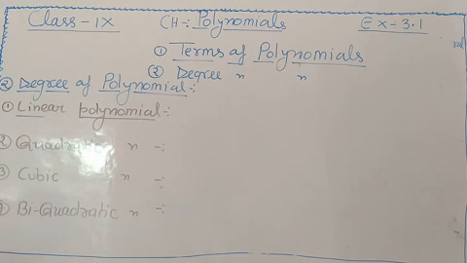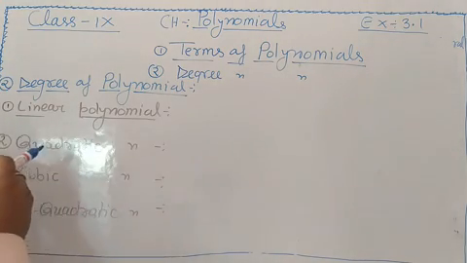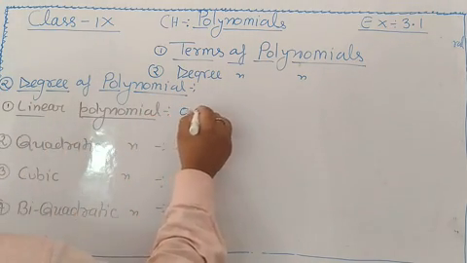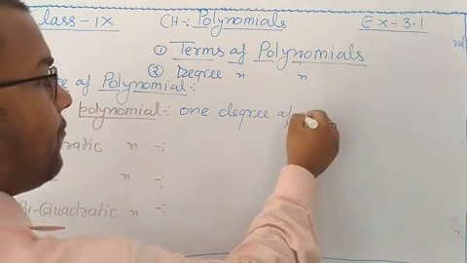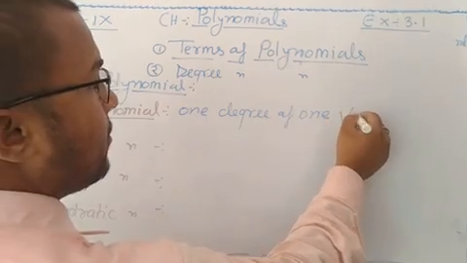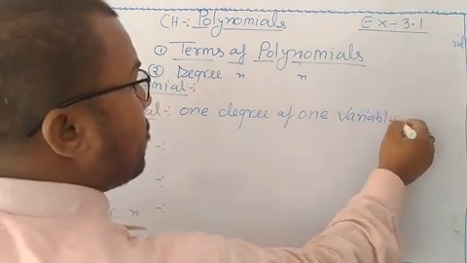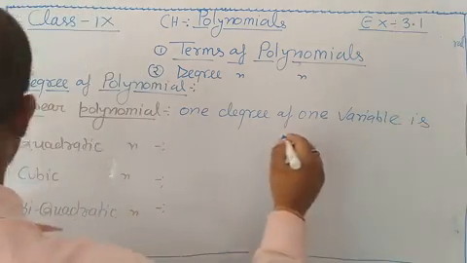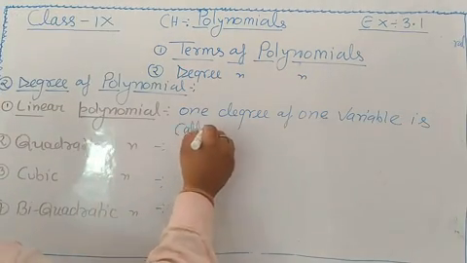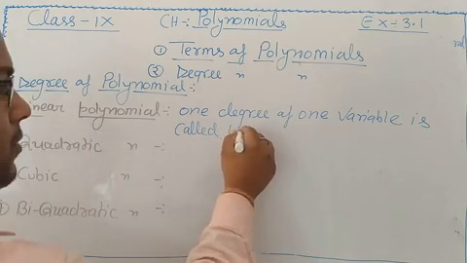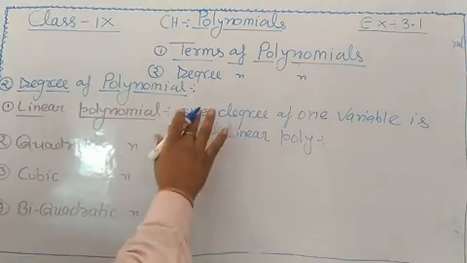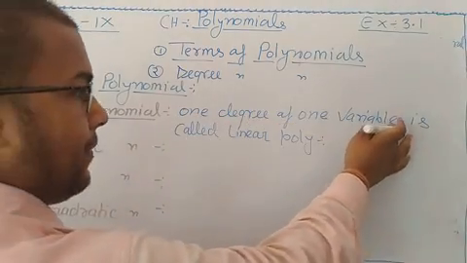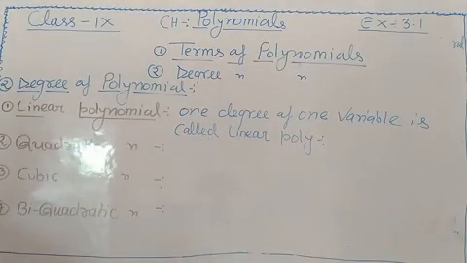First, linear polynomials. What is a linear polynomial? A linear polynomial means one degree of one variable. One degree of one variable is called a linear polynomial.